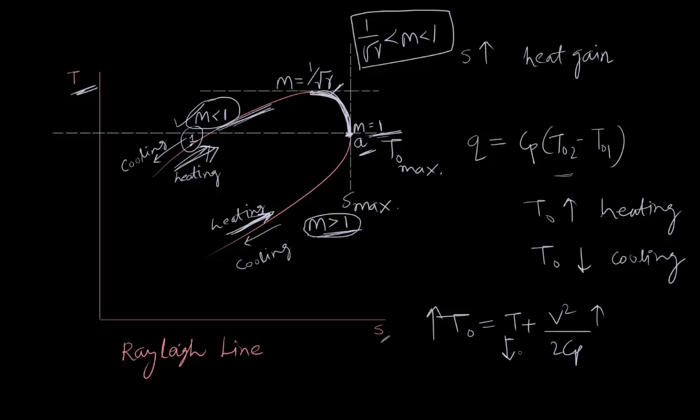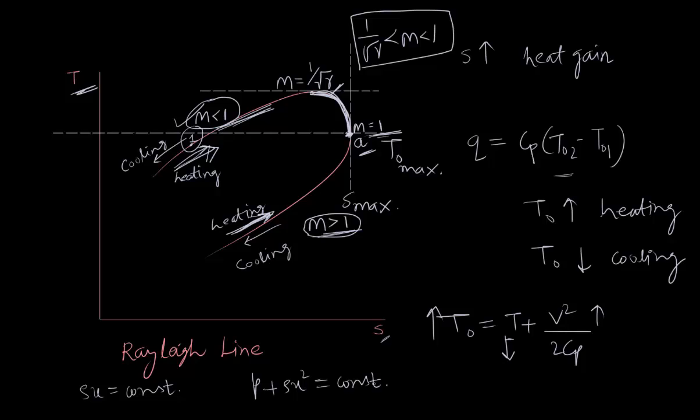Now what will be the effect of heat addition on static pressure P? From the momentum equation we know that P plus rho u square is equal to constant, and we also know the continuity equation, which is rho into u equals constant.